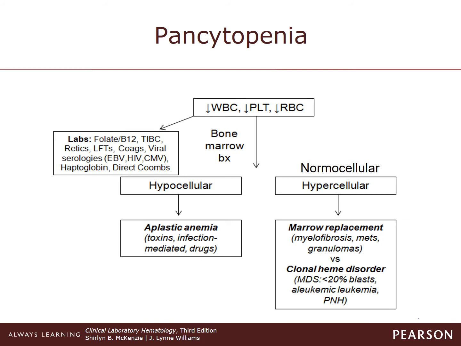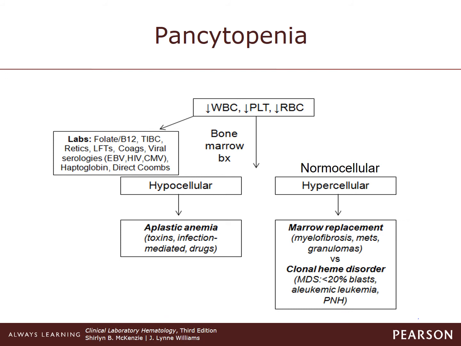Now, if the bone marrow is normal cellular or hypercellular, you can get into conditions of marrow replacement or clonal disorders. So the first type of abnormality would be myelophthisic anemia, in which the bone marrow is replaced by fibrotic or neoplastic cells. So it reduces the normal amount of cells coming out of the bone marrow.